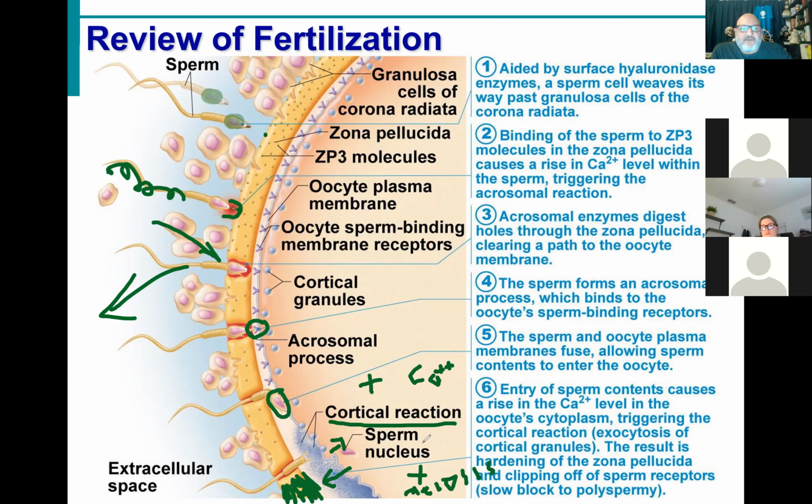And then the process is complete. We now have a fertilized ovum. We finally have a mature female gamete to match our mature male gamete. Questions on that?